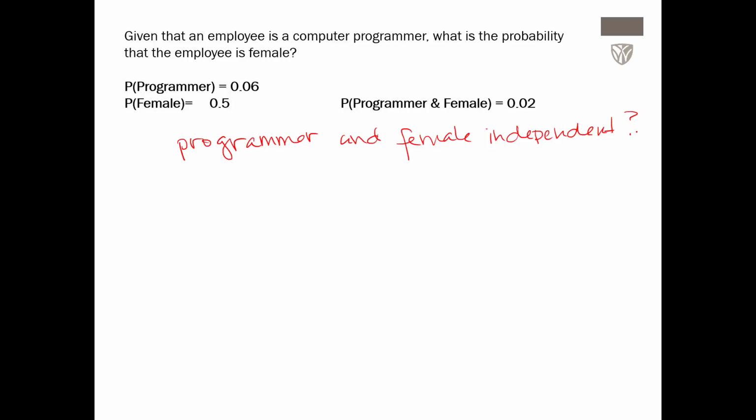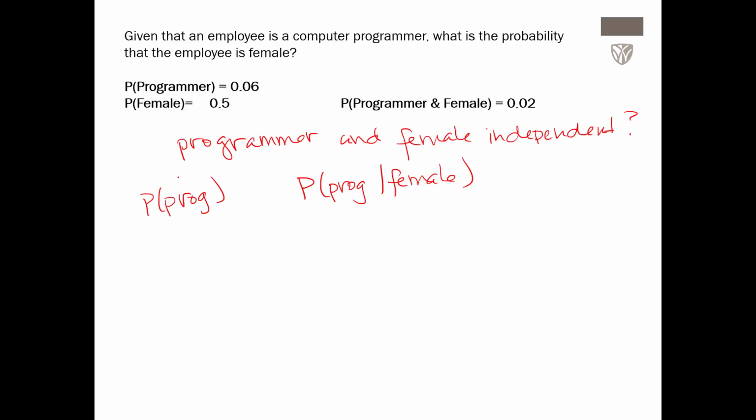The way we would check is we would ask, what's the probability of being a programmer, and what's the probability of being a programmer given that you're a female? If those two are the same, if knowing that I'm a female does not change the likelihood that I'm a programmer, then those would be independent events. If they're different, then that suggests that being a female changes the likelihood of being a programmer.